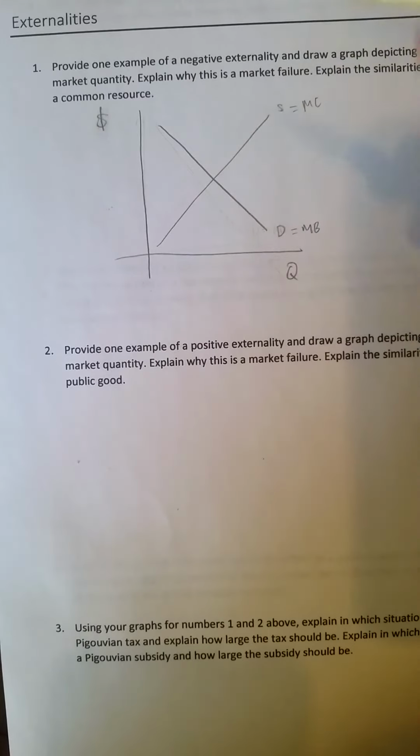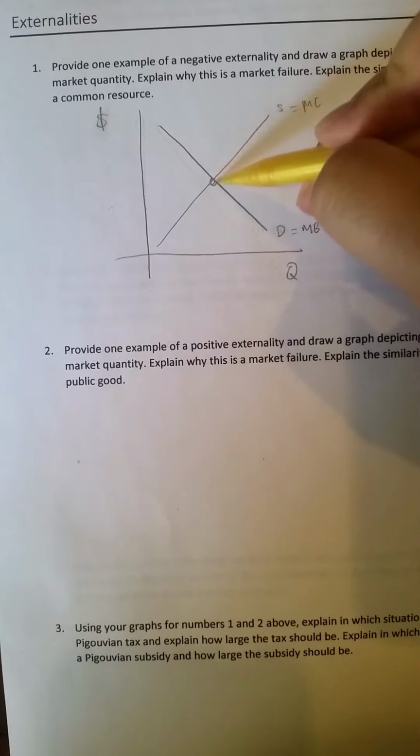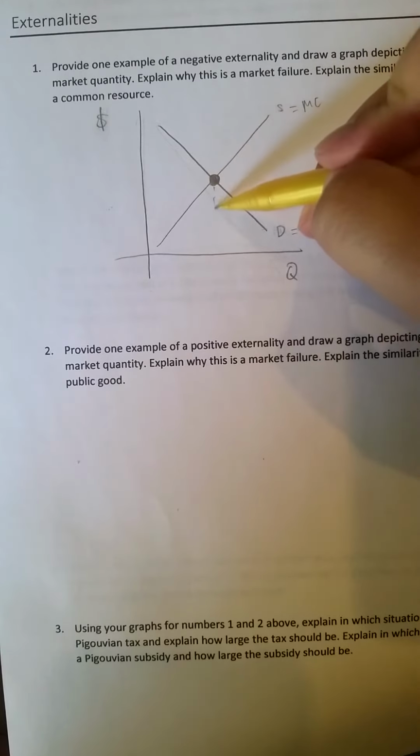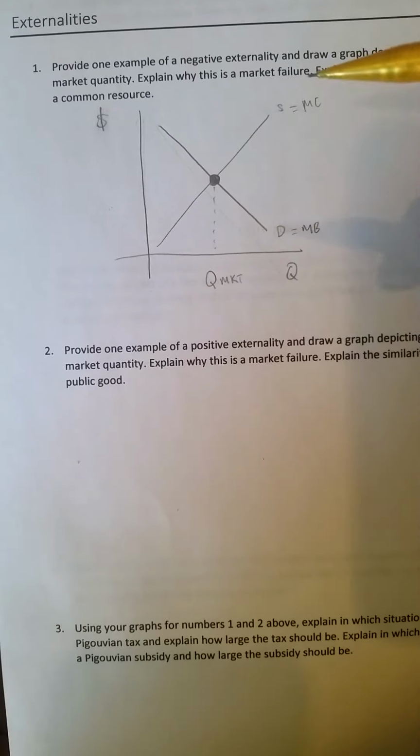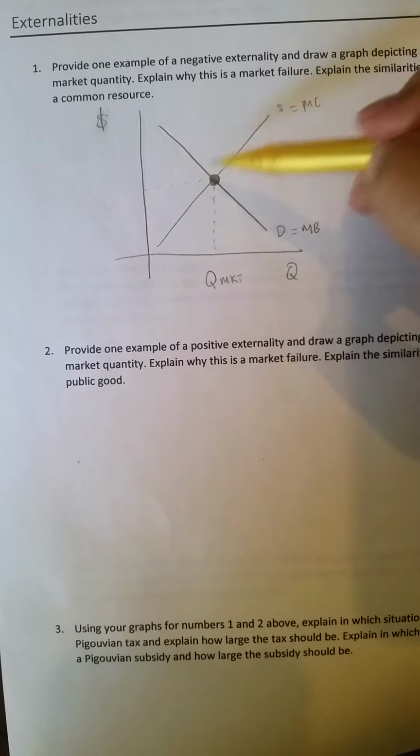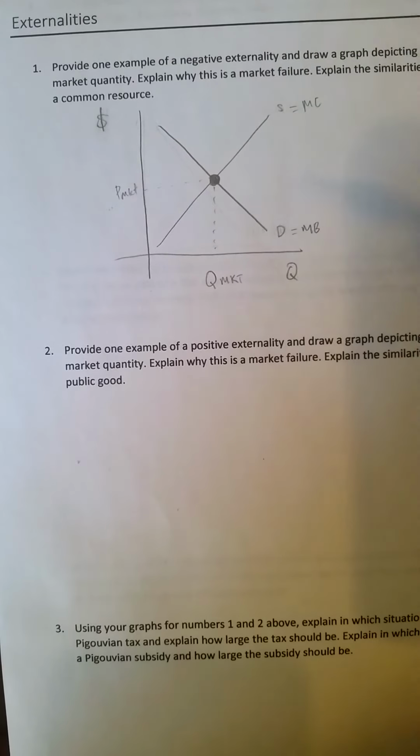But normally in a market, we go to where demand meets supply. Where does that private marginal benefit equal that private marginal cost? And we're going to see here, this is the equilibrium quantity in a market, and this is the equilibrium price in a market. With an externality, however, what is different is that there's an extra cost.